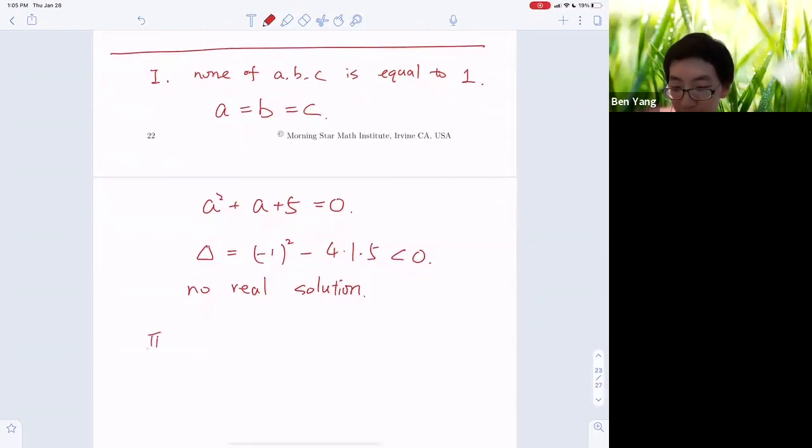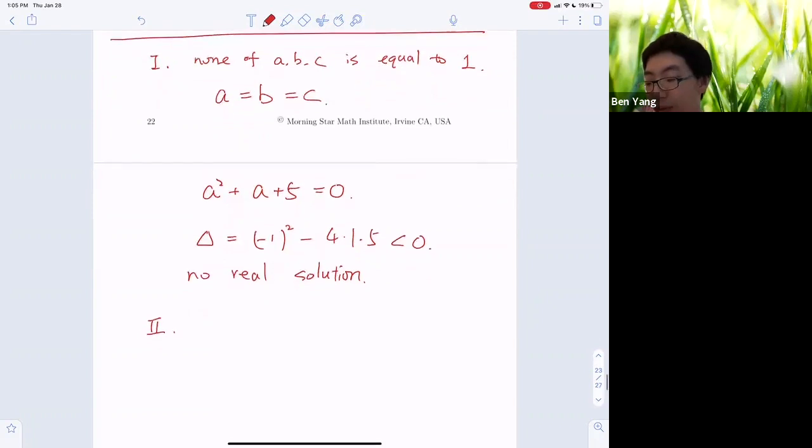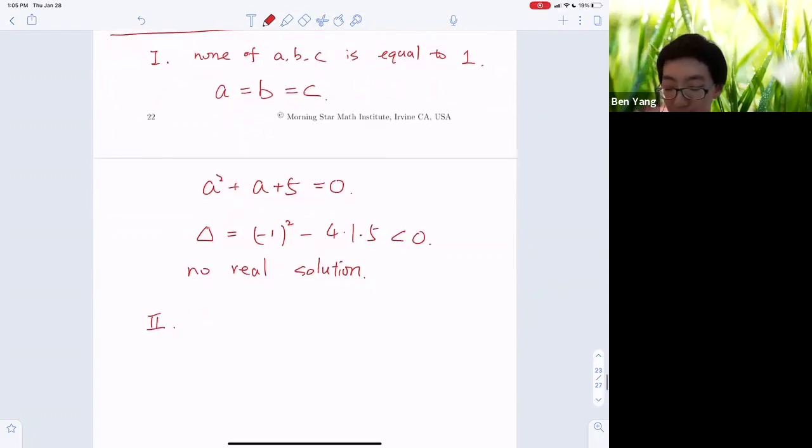So next case, some of A, B, C have to be equal to 1. Let's say A is equal to 1. Then what do we have?